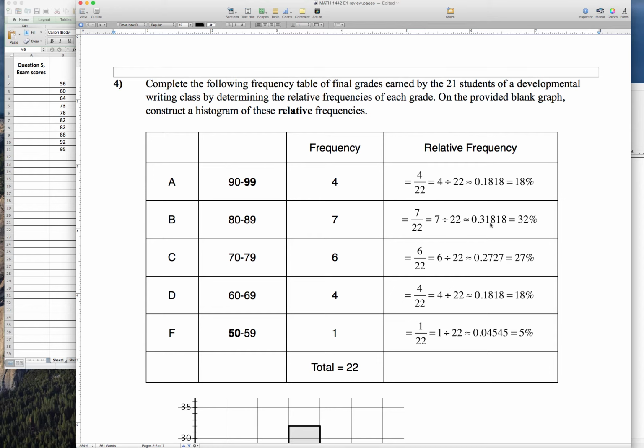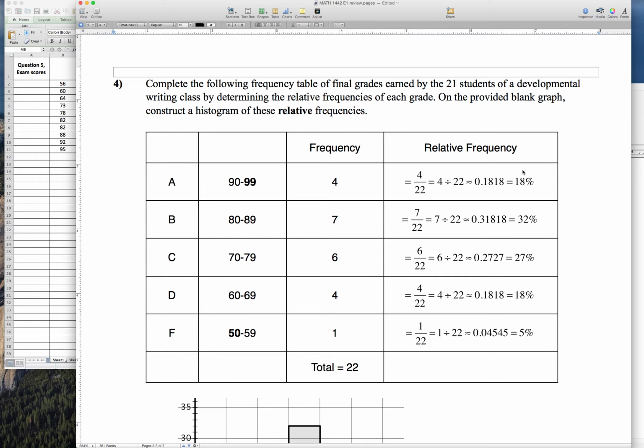Move the decimal 2 places, and you get 32%. Same thing for 6 over 22. This rounds to 27%, and of course for this class, there are just as many D's as there are A's, so that's 18%. And the last class, the F's, the poor lone soul who got an F, which I hope is none of you, is 1 divided by 22. That gives us 0.045. Because there is a 5 in this place, we round this up to 0.05, move the decimal place 2 spaces, and that gives us 5%.